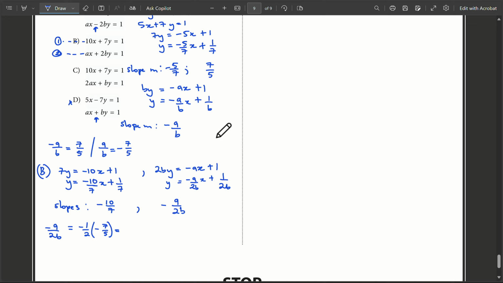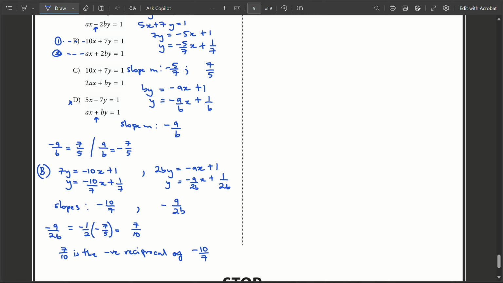That gives us positive 7/10. And then remember, for the first slope we had -10/7. So 7/10 is the negative reciprocal of -10/7. So this pair that we just worked out from option B represents perpendicular lines.